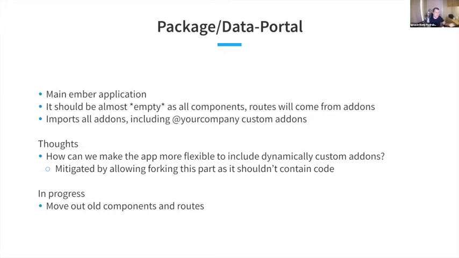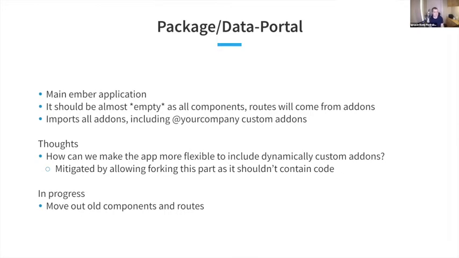If you want to override it, it's basically a package JSON, which your package is going to have. We want to make it more dynamic. That's a future thing that we are thinking about.